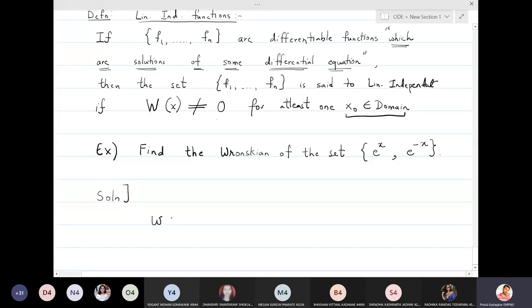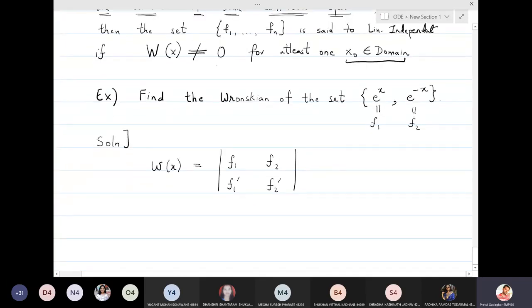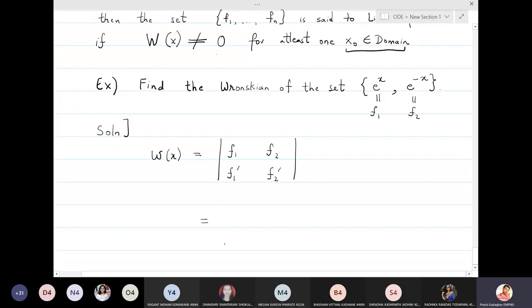So the Wronskian W of x is a determinant. This is f1 and this is f2, then f1 dash, f2 dash, which is equal to e raised to x, e raised to minus x. The derivatives are e raised to x and minus e raised to minus x.